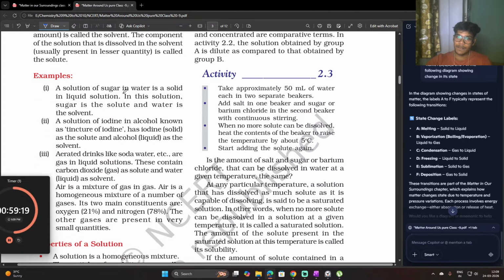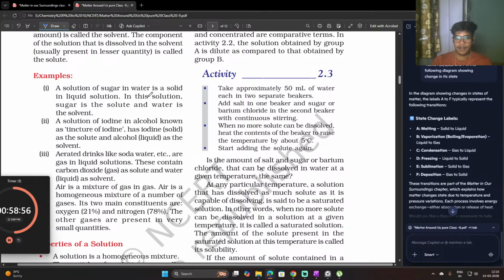A solution of sugar in water is a solid in liquid solution; sugar is the solute and water is the solvent. A solution of iodine in alcohol, known as tincture of iodine, has iodine solid as the solute and alcohol liquid as the solvent.